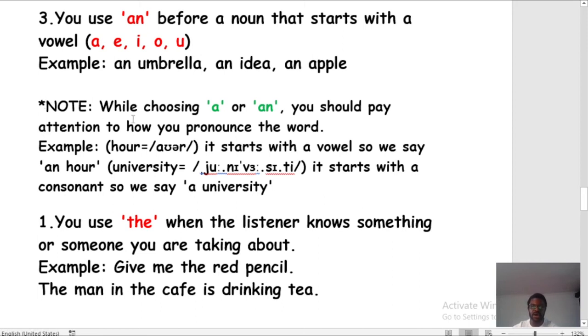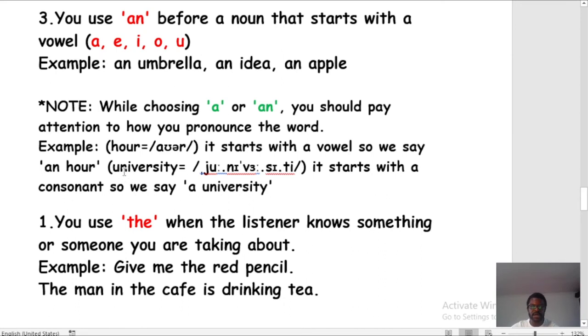While choosing a or an, you should pay attention to how you pronounce the word. For example, hour. You see here we've got hour. It is pronounced as hour, as if it has an a sound. It starts with a vowel sound, so we say an hour. Did you see that? So not just by looking at whether it is a vowel or a consonant, you also have to pay particular attention to the way the words are pronounced.